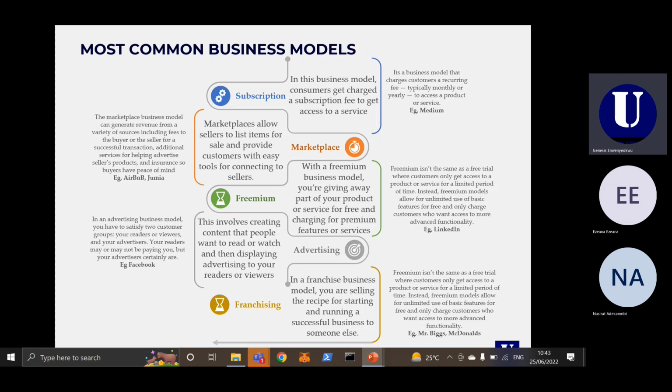They all use marketplace. When Jumia started off, Jumia didn't even have a warehouse. All they do is to connect sellers to what? Buyers. And in turn, they charge commission.